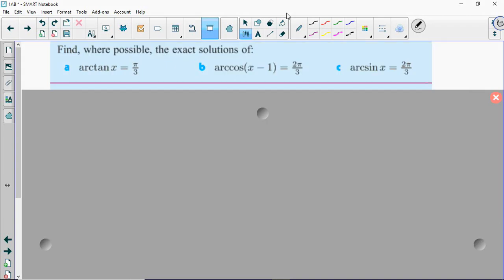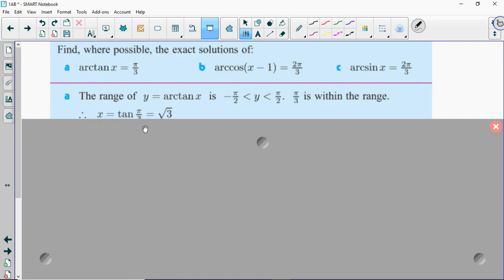We can also solve equations with the inverse functions. These can be a little weirder even. So let's look at this one. Arctan of x equals pi over 3. So you want to think about this as x equals tangent of pi over 3. Is that doable? Yeah. Tangent of pi over 3 is going to be square root 3, and that's definitely allowed.